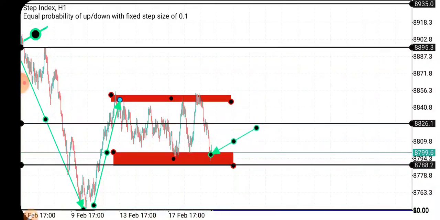So the question is, what are we doing here? Are we going to buy at this point, as we know that the price is going to retrace back again to this point, or should we sell? Based on the analysis, I am telling you that it is not safe to even buy here.